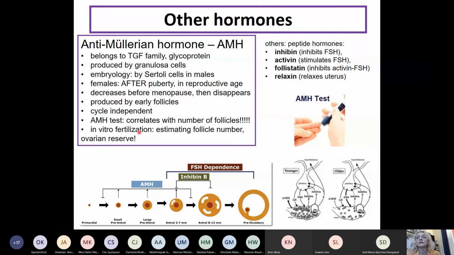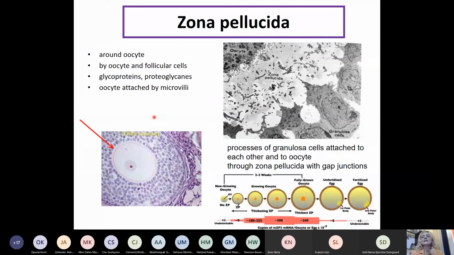So it's used to estimate the follicle number, how good the ovarian reserve capacity is. So that's why it's used already as a laboratory test. That's why you should really know about it. So anti-Mullerian hormone.